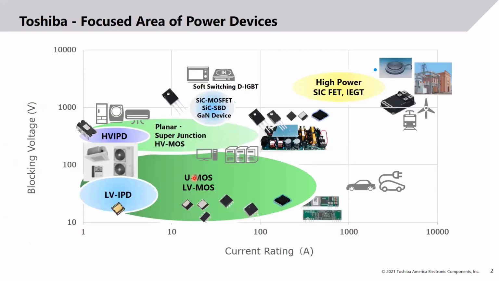Toshiba focuses on power devices for industrial, consumer, and automotive applications, with a power range from 1 amp to 1000 amps and up to 3300 volts. They're offering discrete transistors: low voltage MOSFETs, high voltage planar, super junction high voltage MOSFET, silicon carbide MOSFET, and silicon carbide Schottky diodes. We have GaN devices as well.